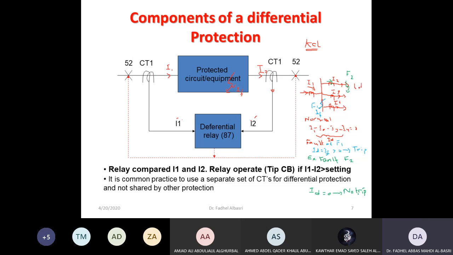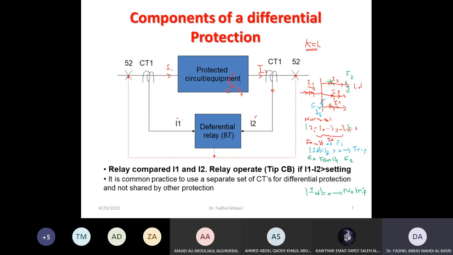Based on just this equation, if I implement this inside the relay and see whether it is 0 or greater than 0, it trips if the magnitude is greater than 0. All the time, we are looking for the magnitude of the differential equation. This is the working principle, as simple as this.